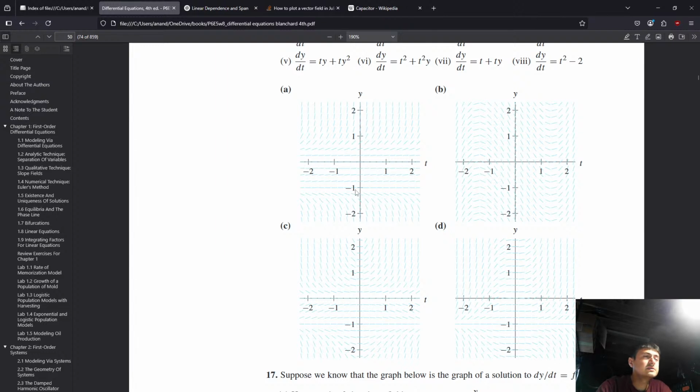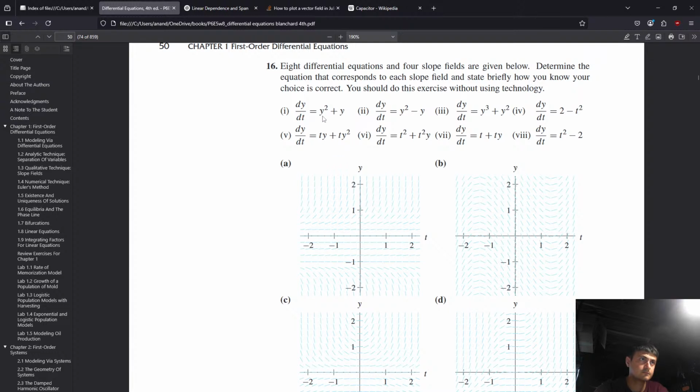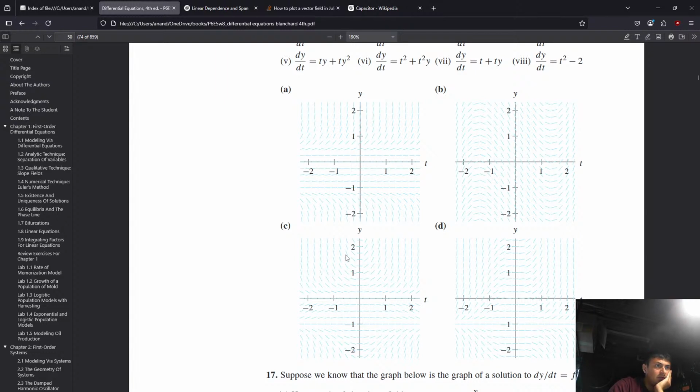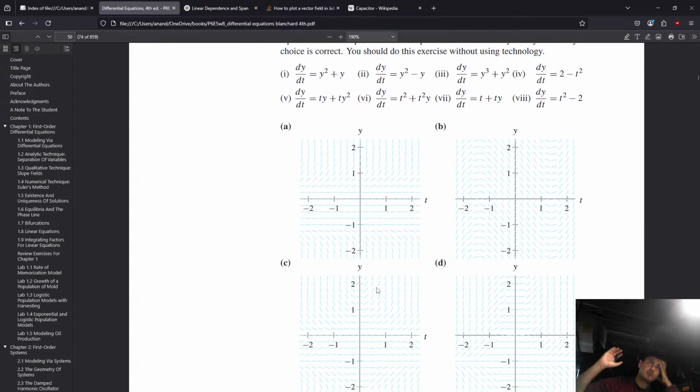If y equals 0 or negative 1. Oh, okay. Wait, but it could be y. It's hard to tell then. I think because of the parabolic nature here that this has to be 3. C is 3, I think.